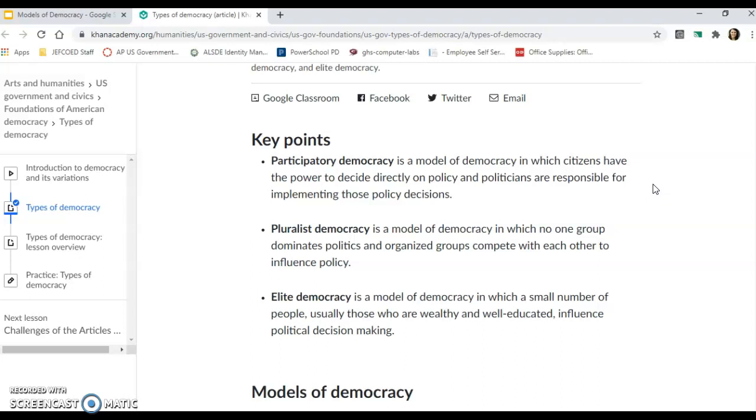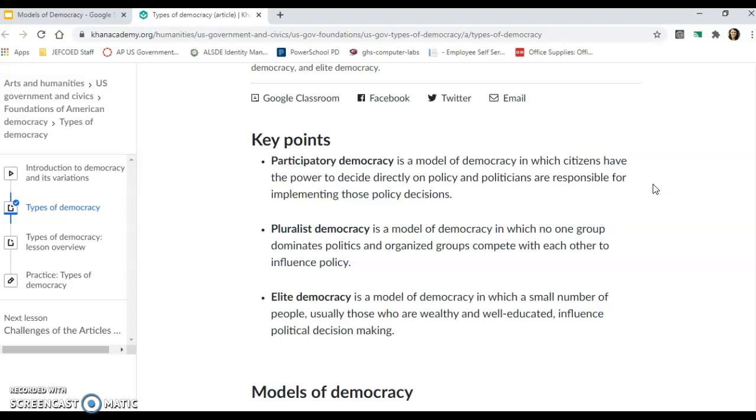So it's the idea that you have all these organizations that are really calling the shots as far as government goes, and not one of those groups has more power than another, but they all compete with one another for that power.